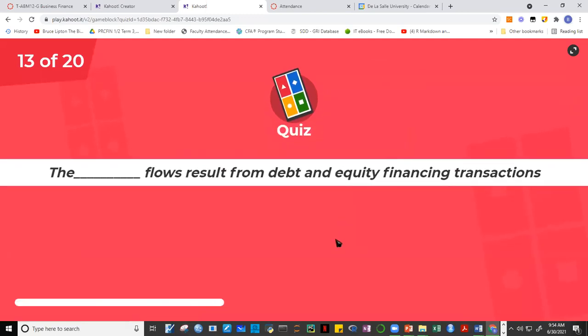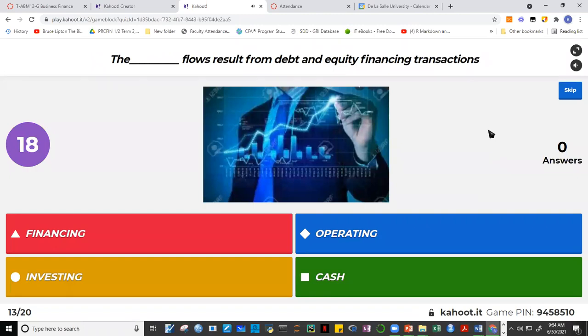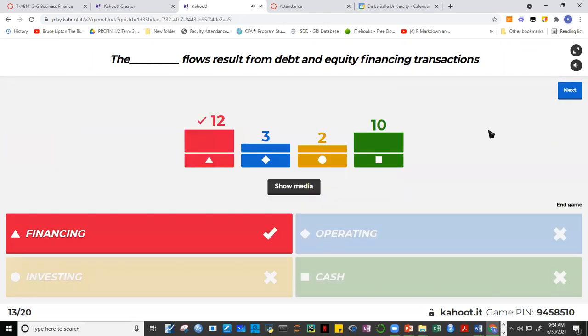Question number 13. The blank flows result from debt and equity financing. Okay. May clue na tayo, no? Debt and equity na.